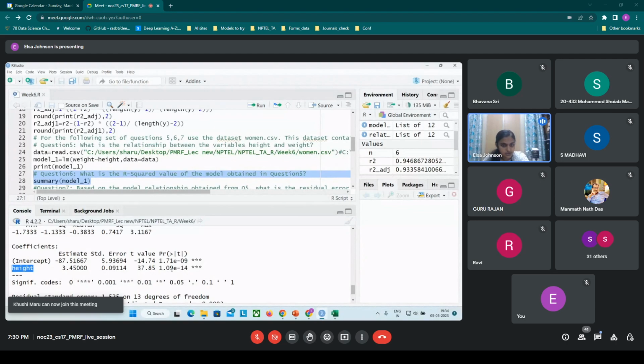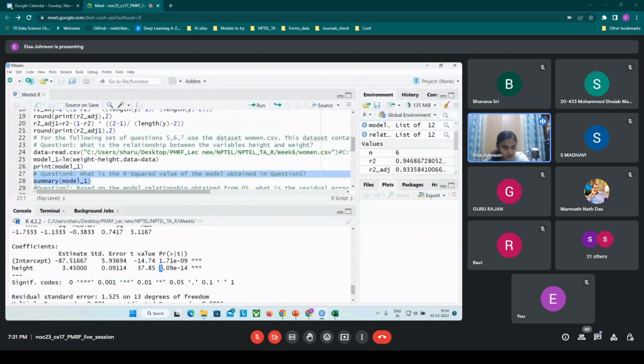It was told that for a higher value like 0.02, you can accept the hypothesis. For the lesser value, like here, this is the code used for significance, 0.001. It means that if it's near this value, you can accept the hypothesis.